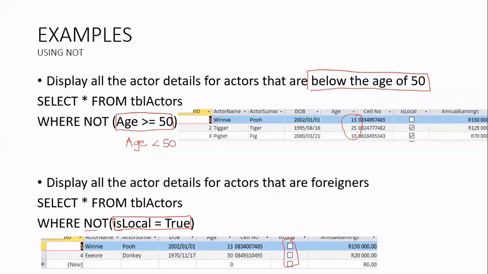There are only 5 vowels, so to determine the consonants and to look for 21 different alphabets would be quite time consuming. It would be easier to rather look for the 5 vowels and use not, which would then give you a consonant. That is probably a more appropriate example where you can use the not operator.